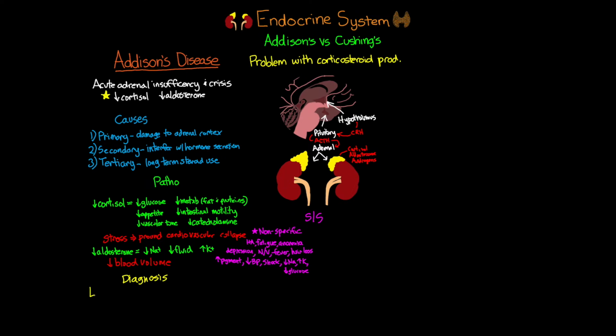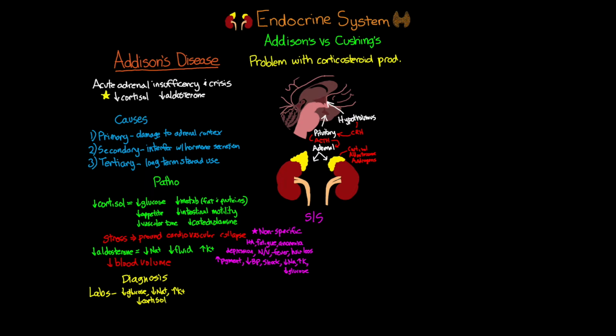So first and foremost, we're going to need to take a look at our labs. So we want to check CBC, CMP, ABG, cortisol, and aldosterone levels. And really we're looking for that hypoglycemia, hyponatremia, hyperkalemia, and that decreased cortisol.